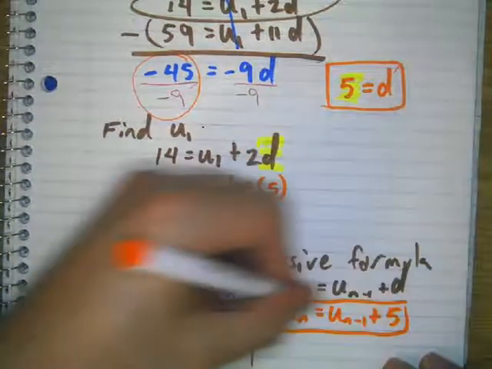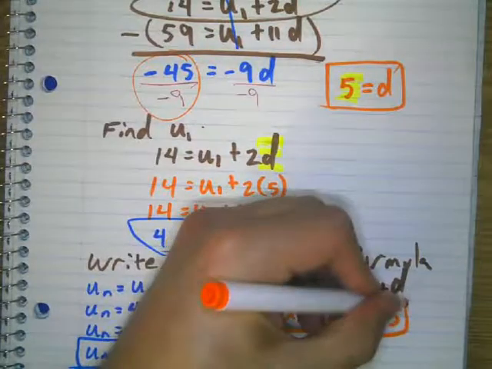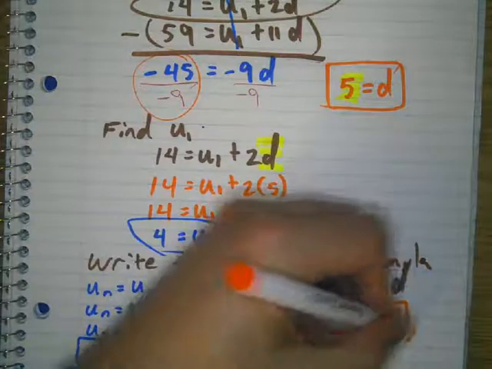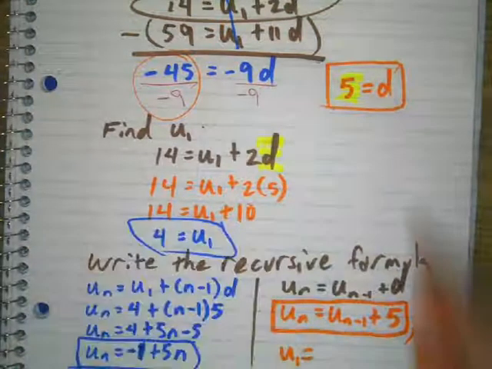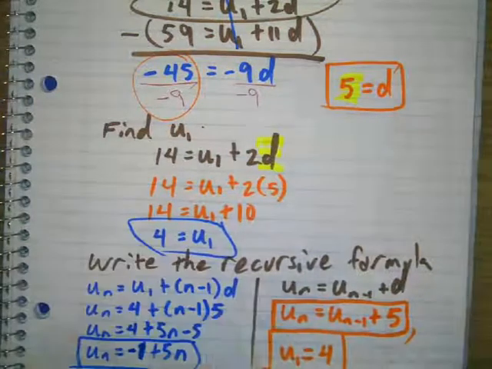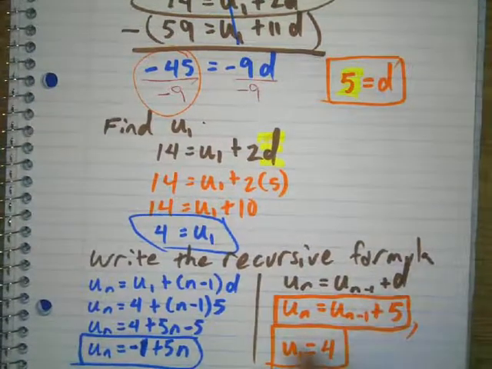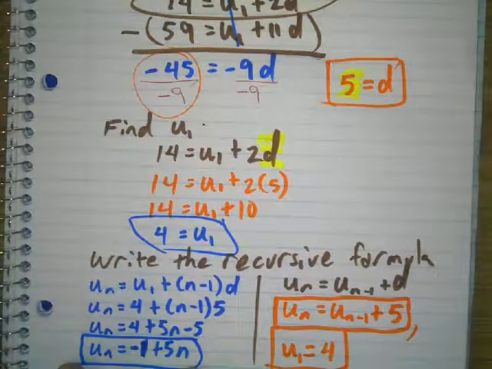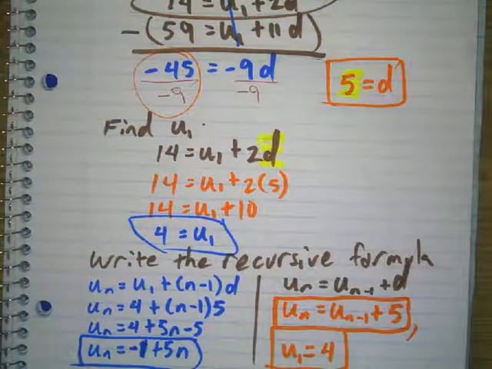That's how they're going to ask you to put it into the computer in MathSpace. And what is u sub 1? U sub 1, we're using the value of 4. Okay, so in pink and orange, this is what they're going to ask you to write in MathSpace. On the IB test, you're probably going to have to write it this way. All right, good luck on your work.